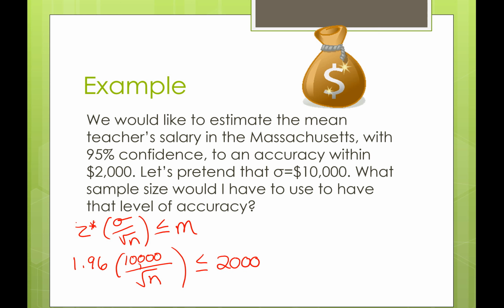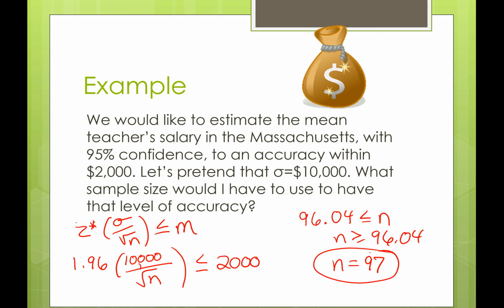I will let you do the algebra for that, but you should end up with 96.04 has to be less than n, so n has to be greater than or equal to that. So that means we have to use a sample size of 97 in order to get that margin of error.